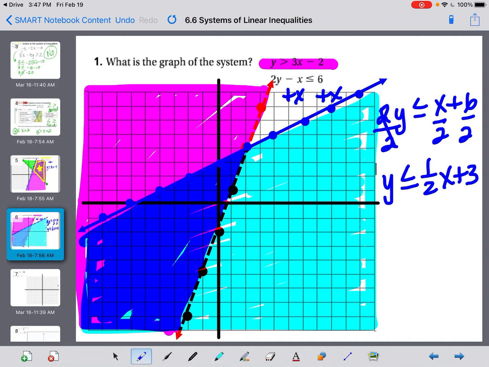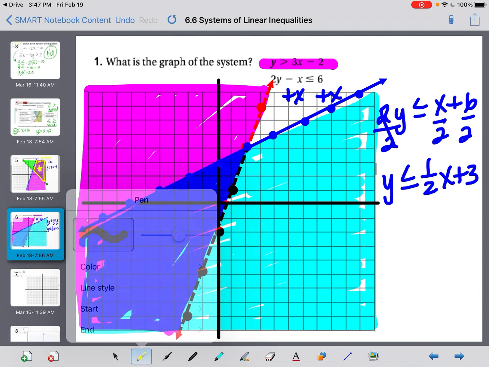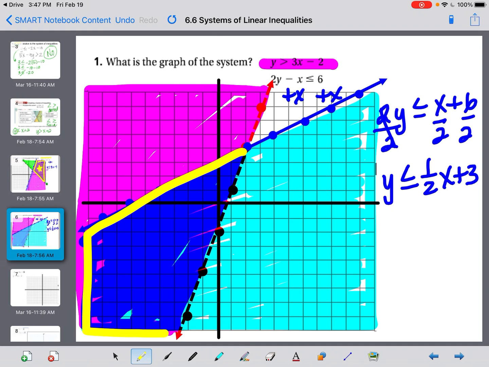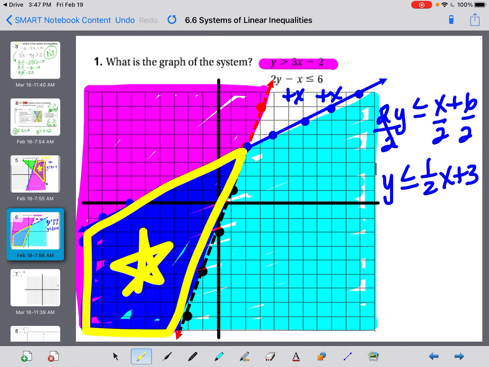Okay, as you can see, we have this double shaded region right here where my solutions are. You should be able to pick a point. Now there won't be a solution on the red line because that's dotted, which means that you can't be equal to that, but you could have a solution on the blue line and then anywhere else in that dark blue shaded area.